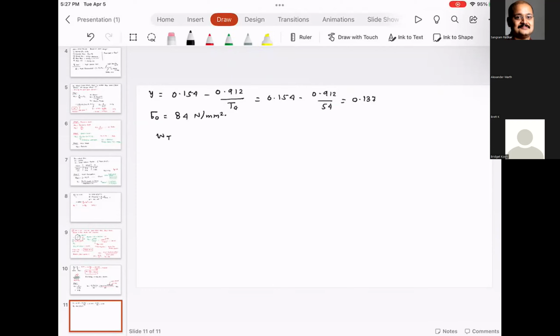So Wt is equal to sigma O times Cv times B multiplied by pi times M times Y. I would substitute 84 multiplied by 0.93 multiplied by B, which we already found, pi, M is 3, and 0.137.